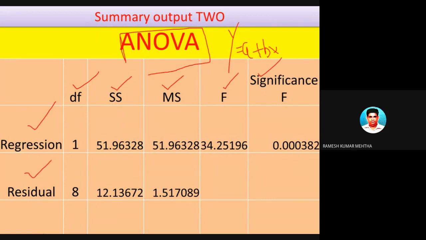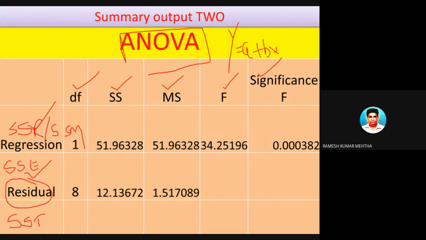Please remember, this is also called SSE, sum of squares error, and this is called SSR or SSM, and this is called SST.